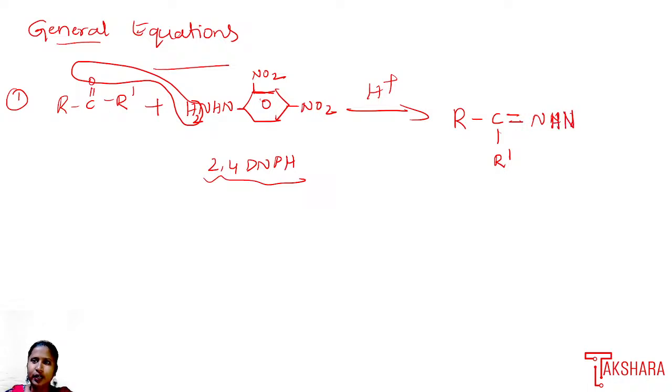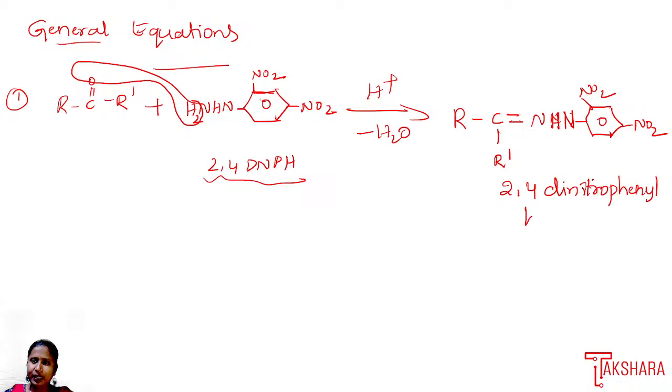NH and the phenyl ring, at the 2nd and 4th positions the presence of NO2 groups. So with the removal of what? Water molecule, the product is called 2,4-dinitrophenyl hydrazone.